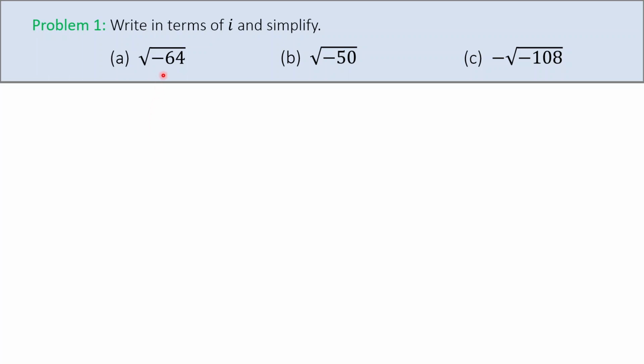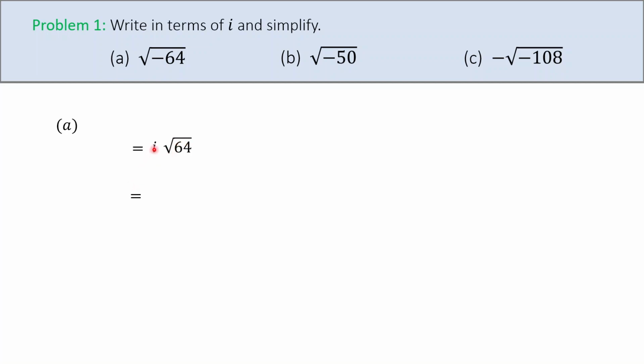Here I have these imaginary numbers. I'm going to write these imaginary numbers in terms of I and simplify. First this one, you can write as I times square root of 64. Put an I and remove the negative sign.